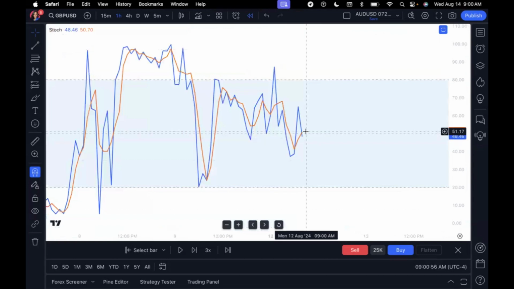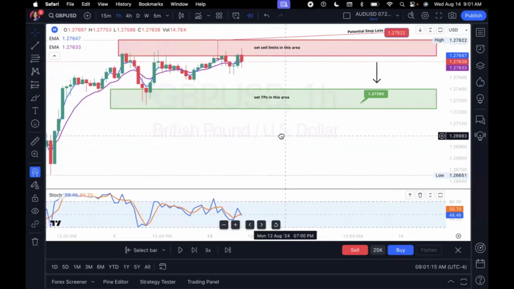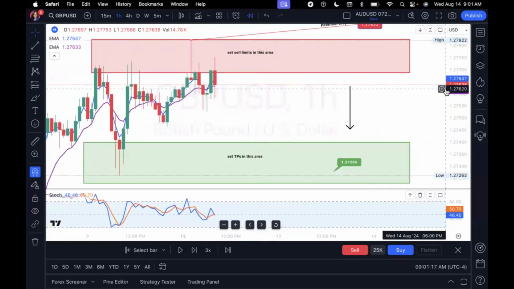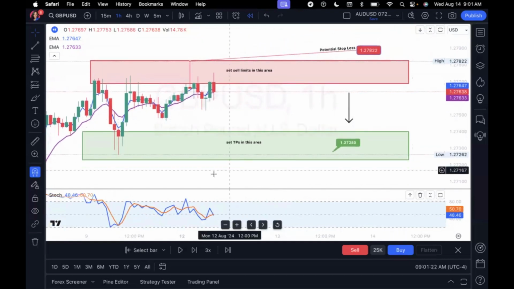If I zoom in, it looks like my orange has just crossed above my blue, but it's very subtle and not such a strong entry confirmation just yet. I do see that both numbers are below 50, even though my orange line is just a little bit above. So the confirmations, as we're reviewing this trade, weren't completely strong for a sell.